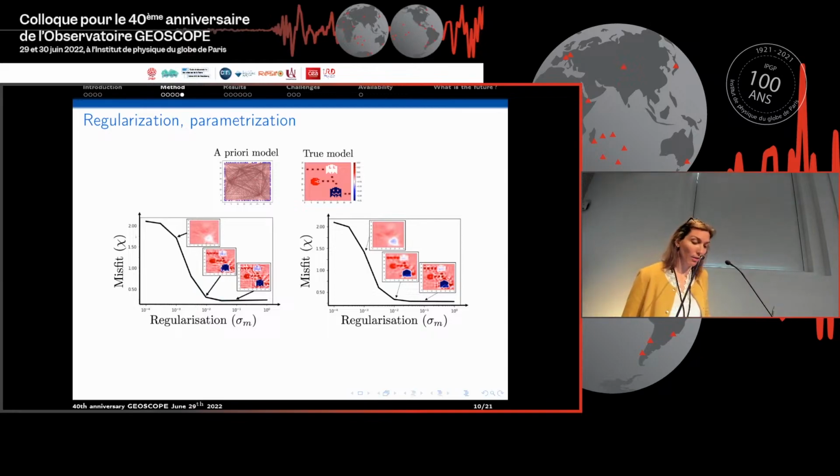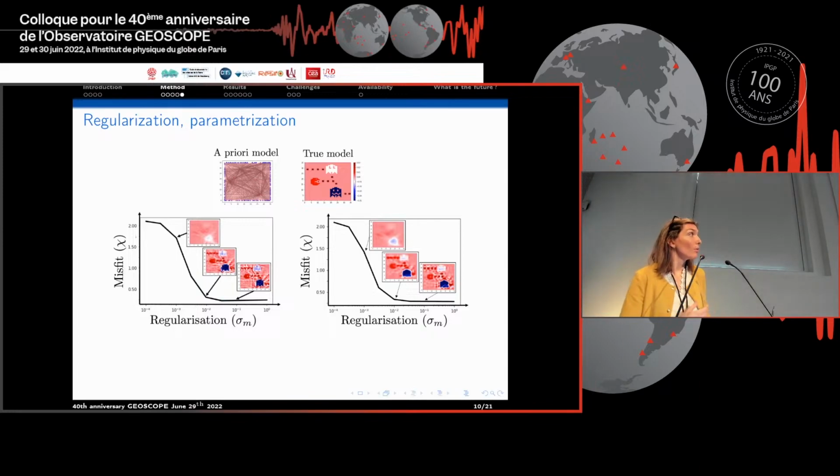less of your data. And when you free the damping a bit, you allow your algorithm to put in lots of heterogeneity, sometimes too much. If you go too far in this, you start to have artifacts, because you will put stronger heterogeneity at some point, but that will have to be compensated with opposite sign structure if it's not well constrained.